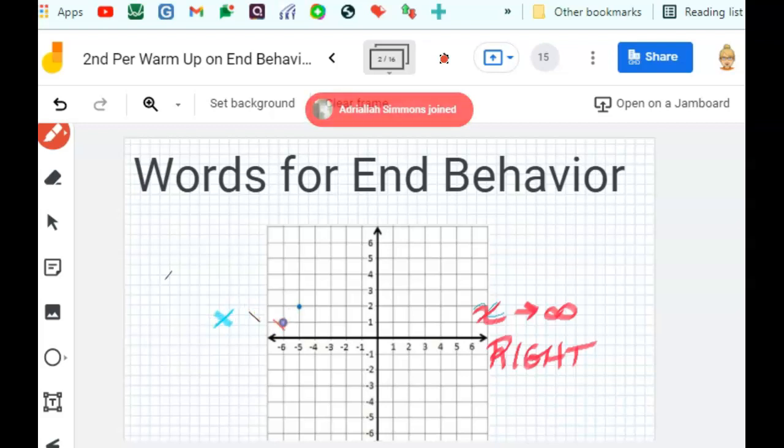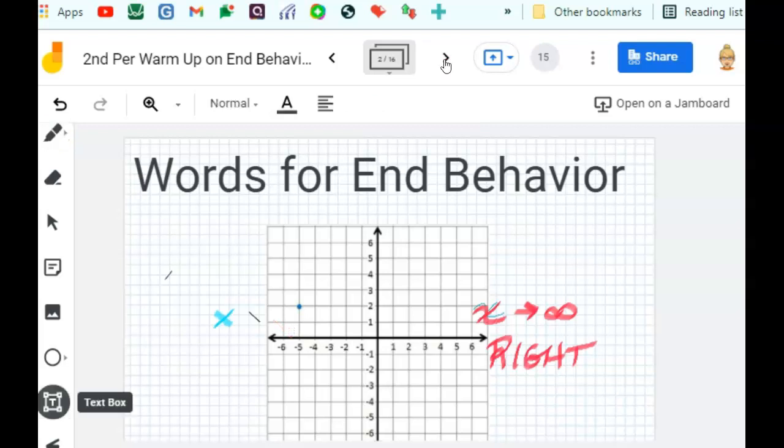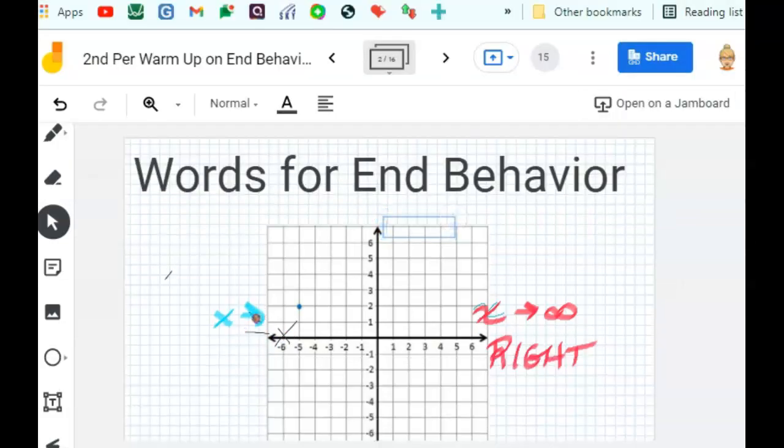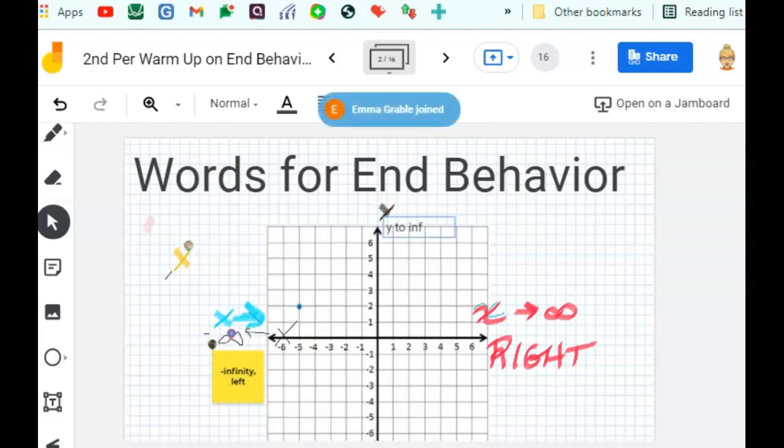These were my students' favorites last year because they like to be able to write on here. But you could click on this text box and then you would be able to type in here what you wanted. You could use for infinity, you could say y to infinity if you wanted.